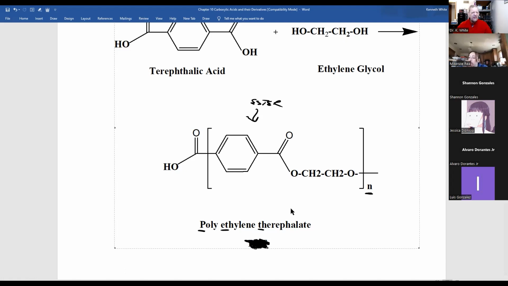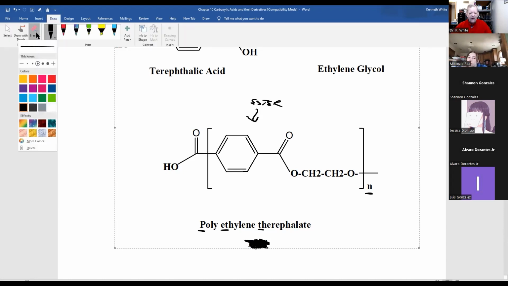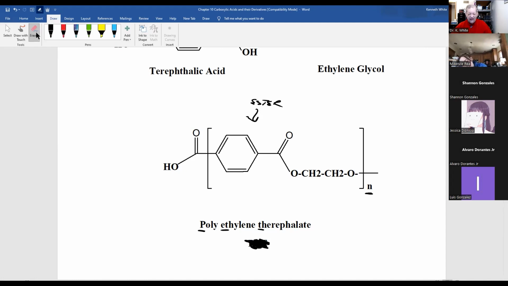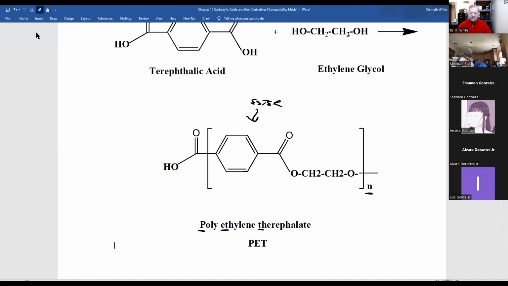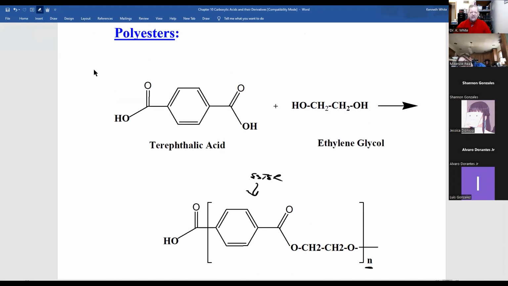And why are you learning this stuff? Well, if I'm lazy, I don't want to say polyethylene terephthalate, I can say PET. And when you take terephthalic acid and ethylene glycol, you get PET, which is the plastic in my water bottle. Why do you learn this stuff?